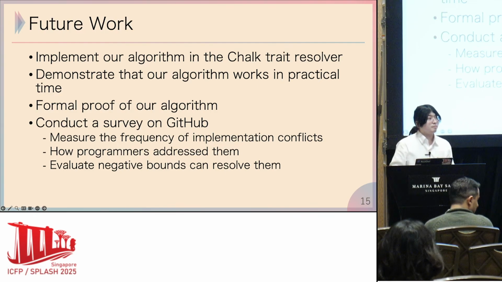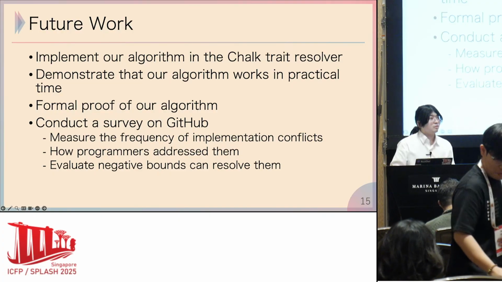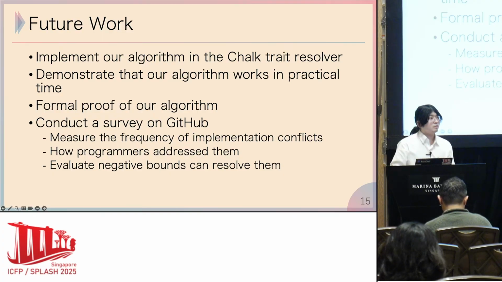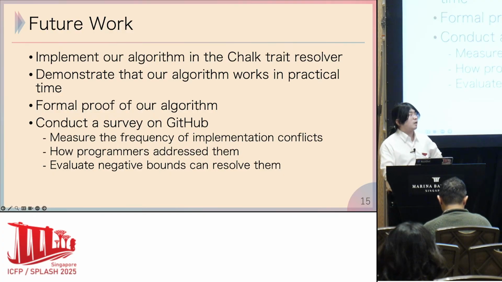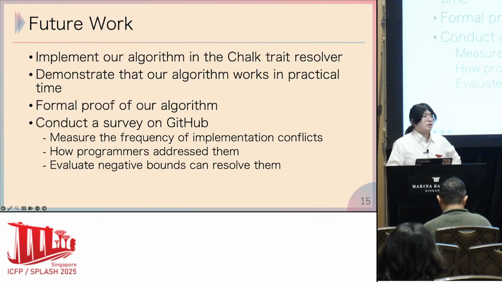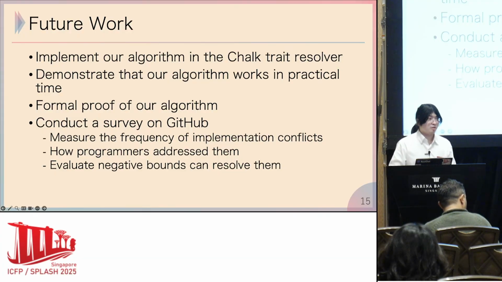I enjoyed it. And I want to ask, why do you think that the Rust language doesn't support negative bounds already? There is a discussion about whether Rust should implement negative bounds or not.